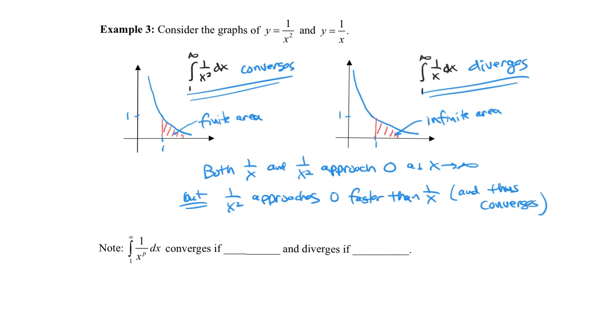Okay, so some of these are a little surprising, and there are some seemingly paradoxical results that come up because of the way some of these integrals behave. You'll see some of these mentioned in the homework problems. We've got a little note here. When we have an improper integral like 1 over x to the p, this is going to converge if p is greater than 1 and diverges if p is less than or equal to 1.